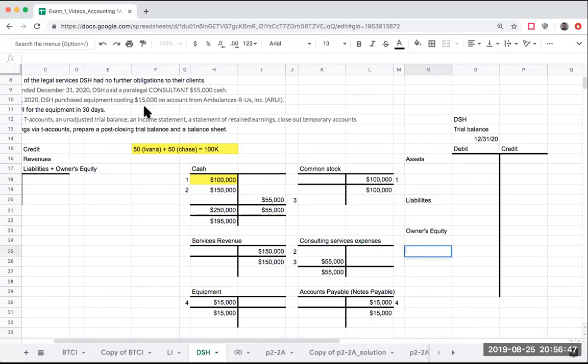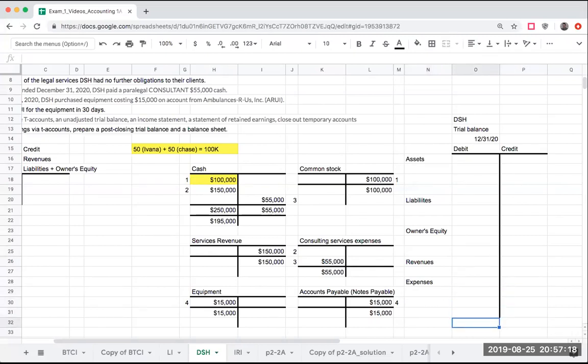And then the one difference is this: when I was doing this previously, I would have the assets, liabilities, and equity. However, now because I have income statement accounts, I'm going to go with revenues and then my expenses. So that's how I want to lay this out.